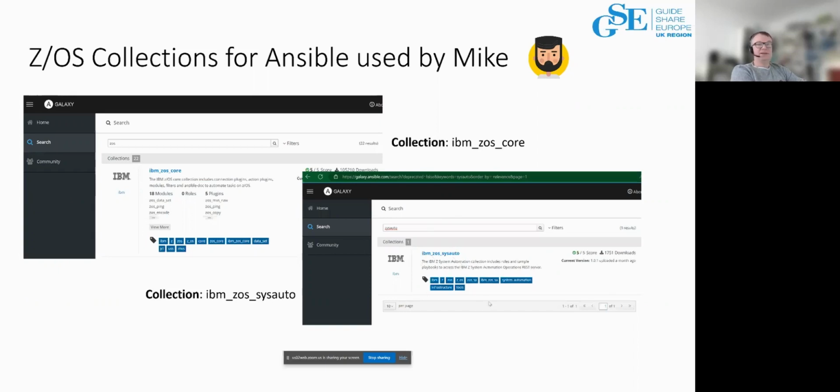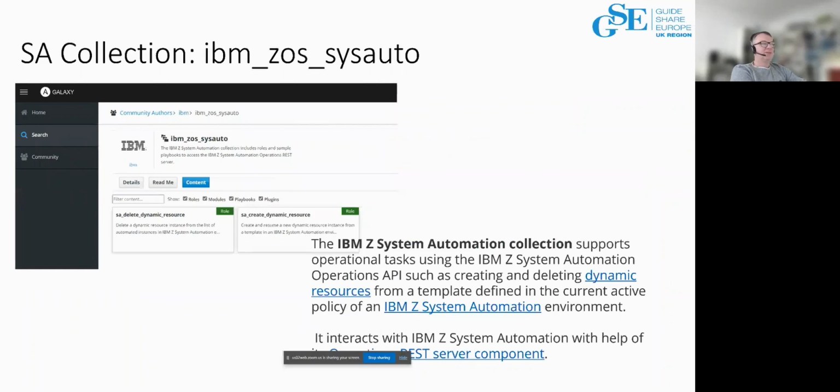There are much more collections available on Ansible, also for standard solutions like IMS, CICS, and Db2. But he now can use yet another collection called IBM z/OS SysAuto, and with the IBM Z System Automation collection, he can do things like creating and deleting dynamic resources once it's needed. So he can also do it with Ansible.